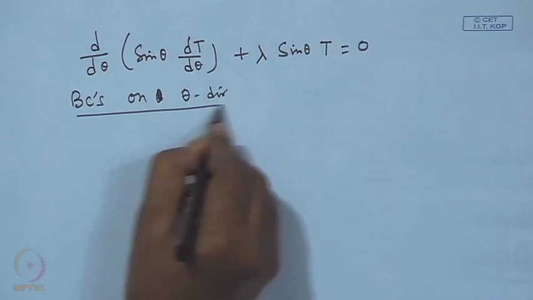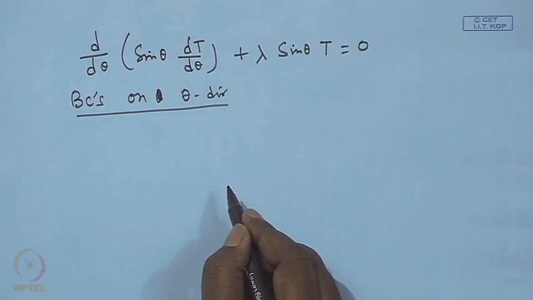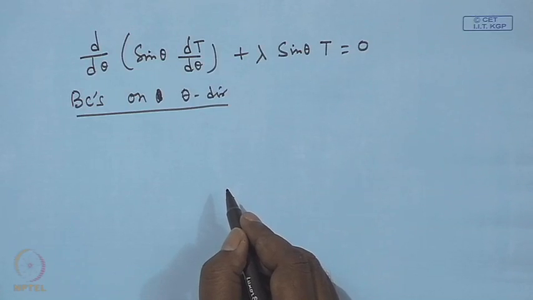We do not know exactly what boundaries are present, so we put the conditions so that they become physical. We use the physics of the problem and impose physical boundary conditions, so the solution does not become singular. If the solution becomes singular, then the solution does not exist at those points. Based on that, we fix up the physical boundary conditions on theta.